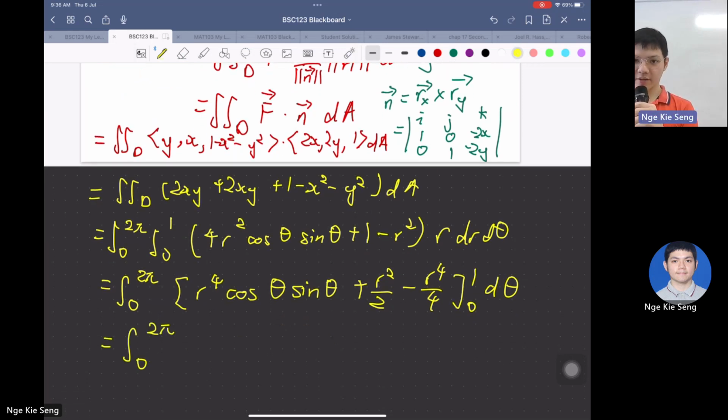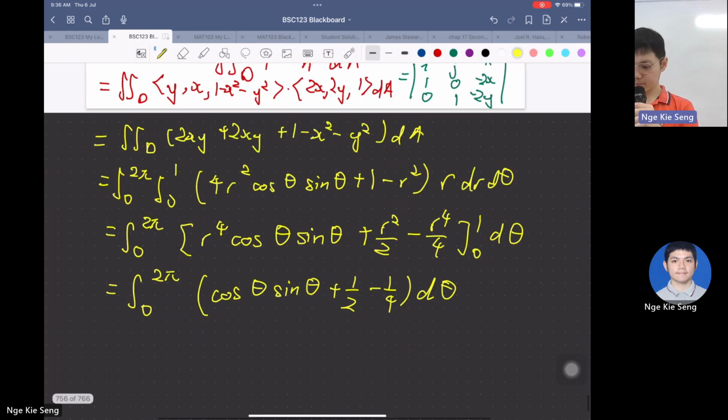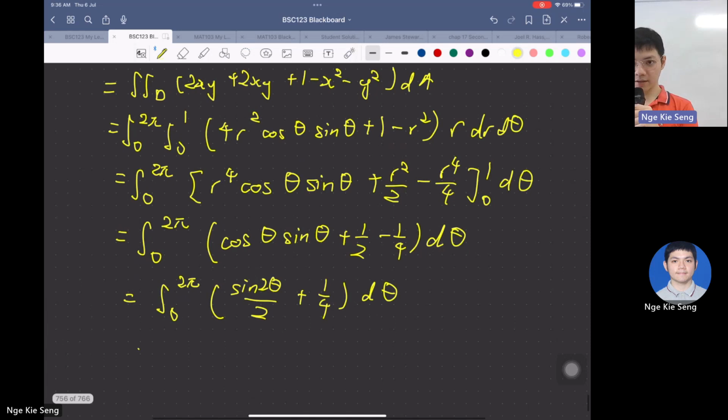Don't just copy. Check my calculation. Maybe I write one more step for you to see. And then I think a little bit easier now, so we can combine, make the double angle. From here, it's kind of straightforward already.